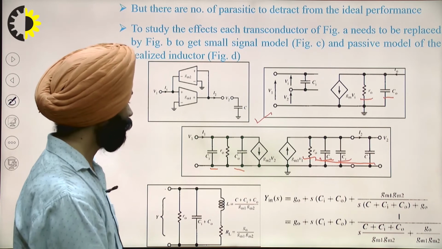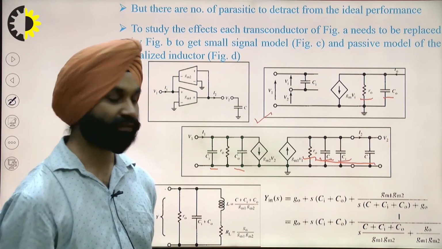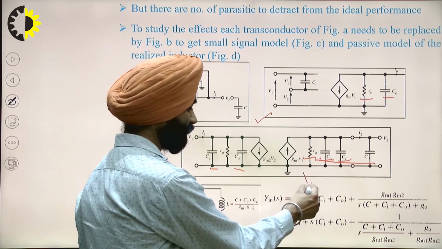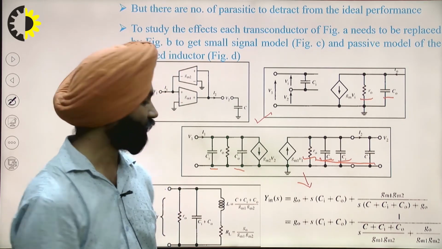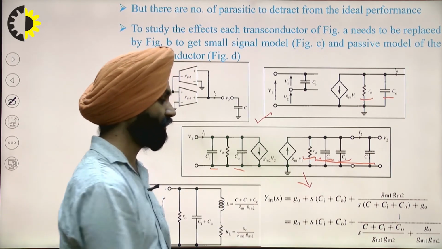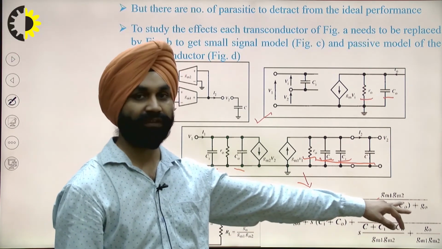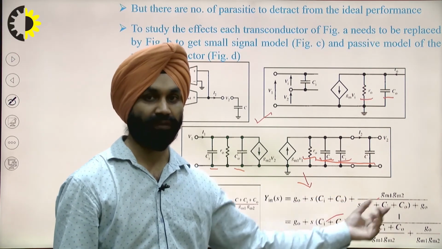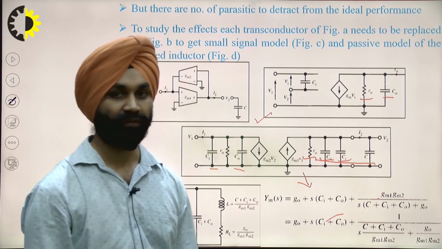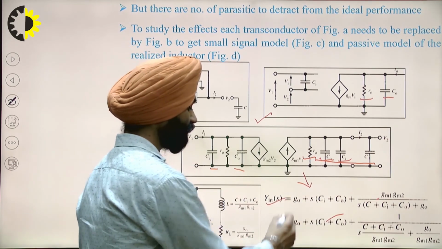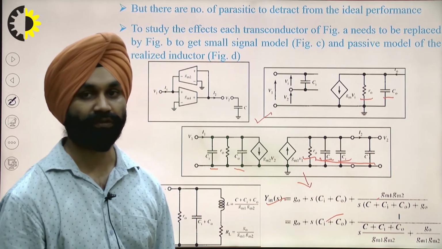If we take the transfer function of the whole circuit, it gives Y1 equals G0 plus (Ci plus C0)S plus GM1 GM2 upon S times the total capacitance plus G0. We have derived this equation in the previous lectures also.